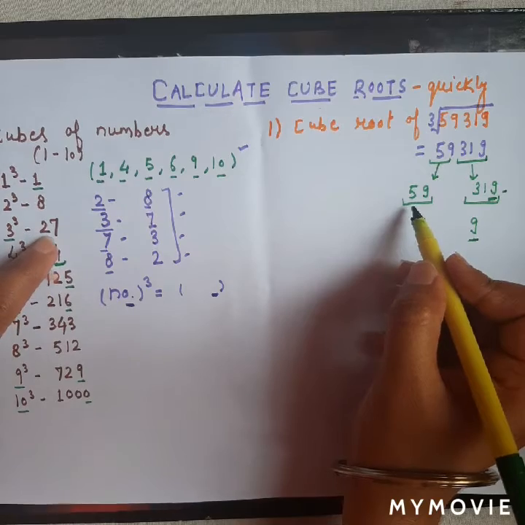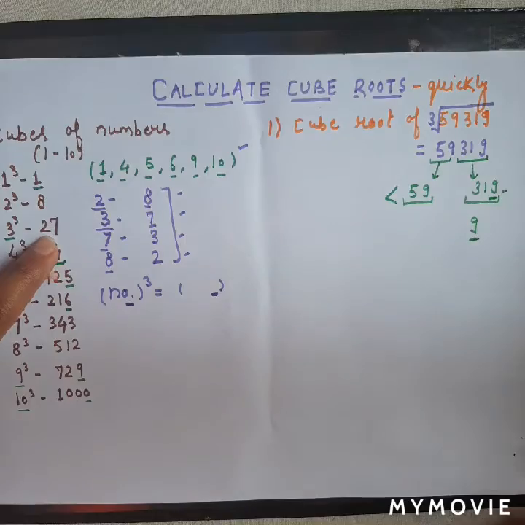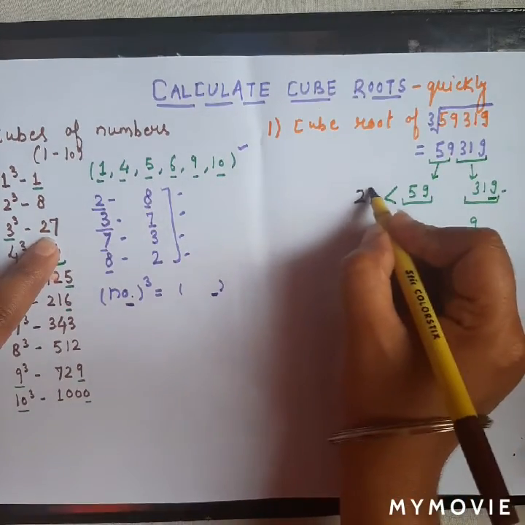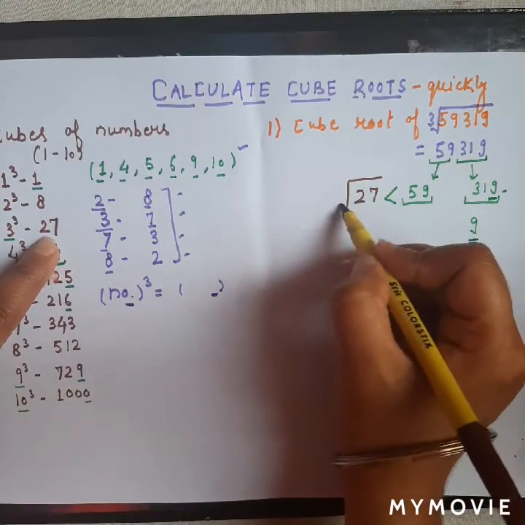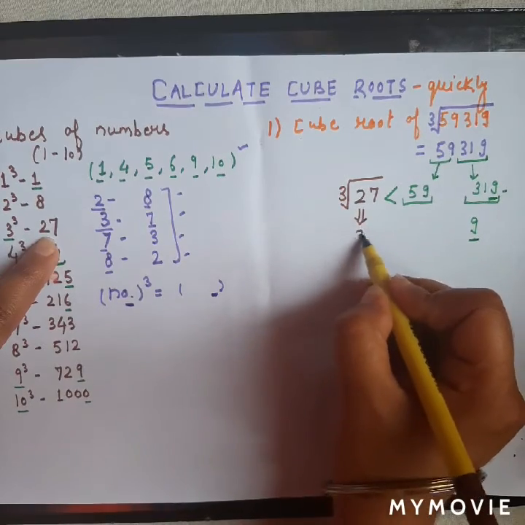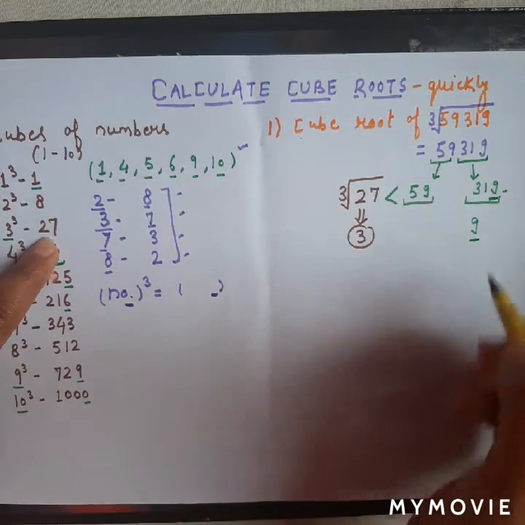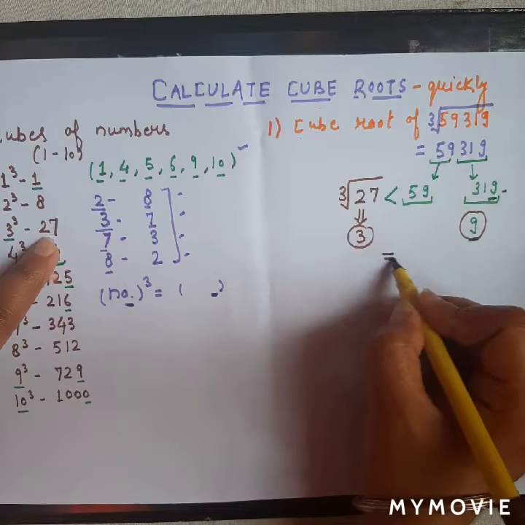Then the cube less than 59 is 27. So here I will write 27, and as we are finding the cube root, we will take the cube root of 27, which is equal to 3. So here the number we have is 3, and here the number with the help of the trick is 9.